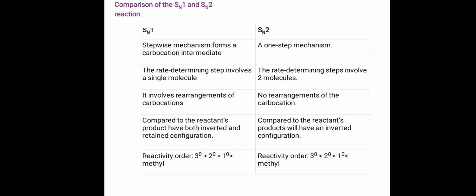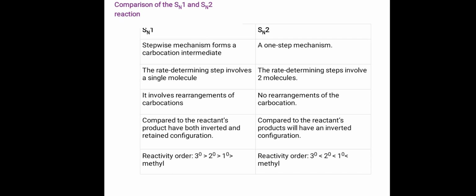The comparison of SN1 and SN2 reaction mechanisms. First, the SN1 reaction is a stepwise mechanism that forms a carbocation intermediate. Already we know that in the SN1 reaction a stable carbocation forms. The stable carbocation is formed by an sp3 hybridized carbon attached to electron-donating groups such as alkyl or aryl groups. The electron-donating groups stabilize the carbocation.